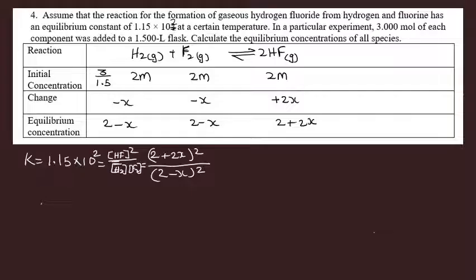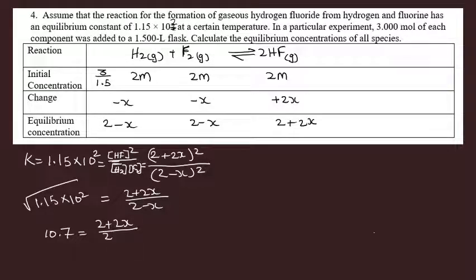So since it is square on the right side, we can take square root of K value, 1.15 times 10 to the power 2, that equal square root on the other side will give us 2 plus 2x divided by 2 minus x. So when you take the square root of 1.15 times 10 to the power 2 will give us 10.7, that equal 2 plus 2x divided by 2 minus x.